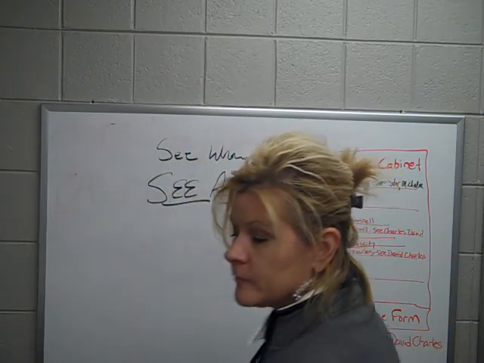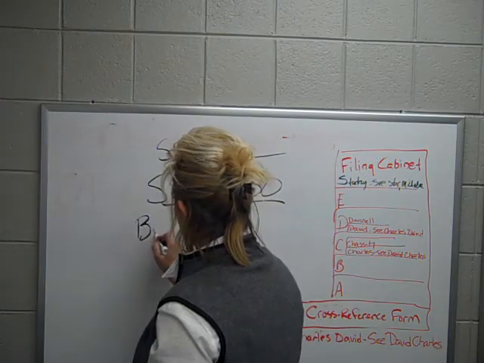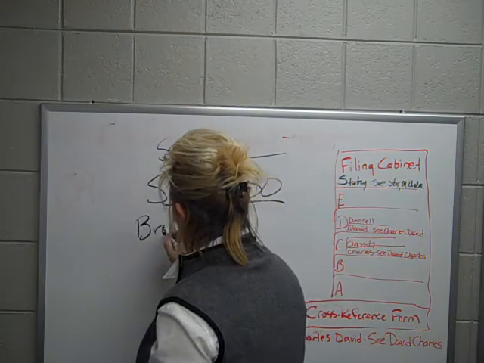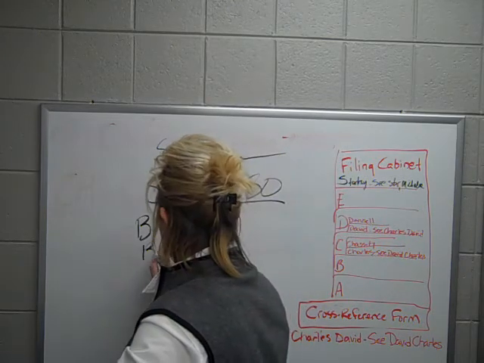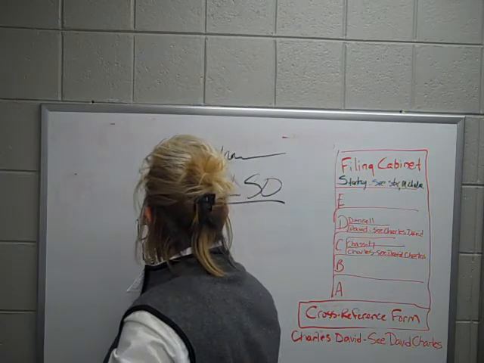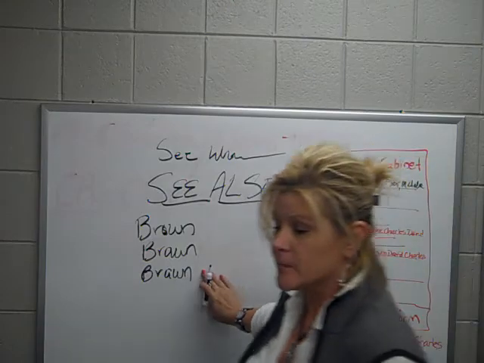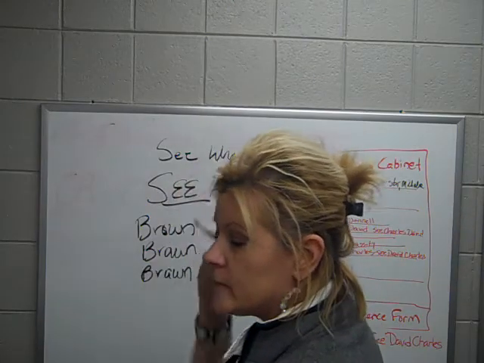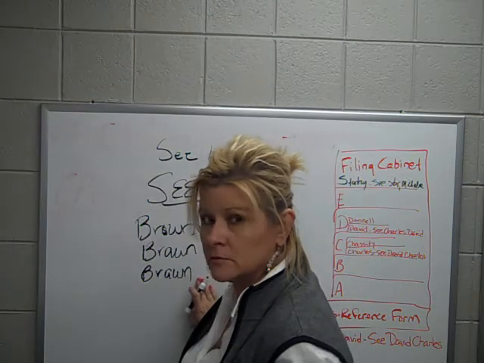Like, for instance, this example is brown, like the color brown. It could be spelled this way, B-R-A-U-N, or B-R-A-W-N. Okay? So you would have to do a see also for each one of those.